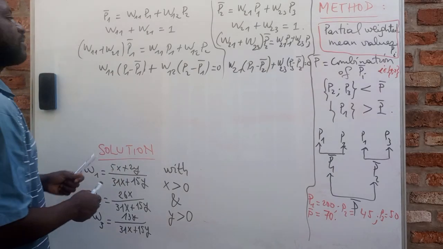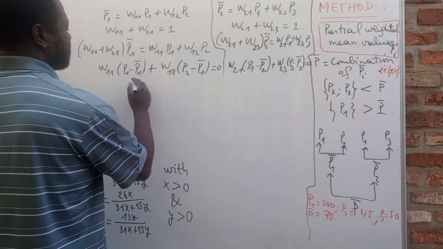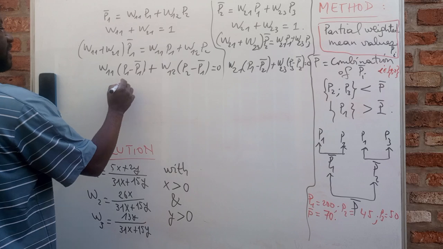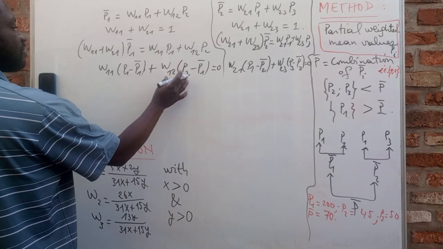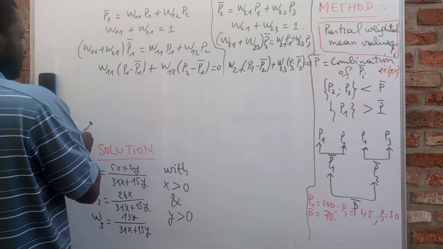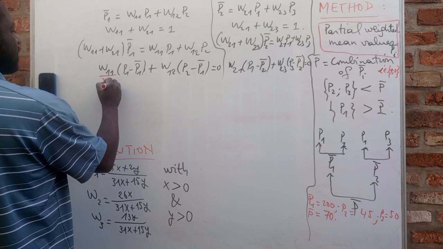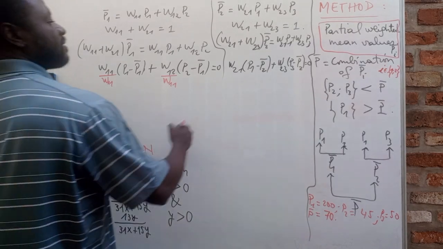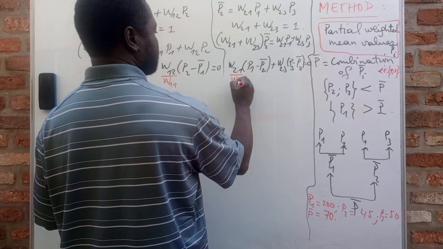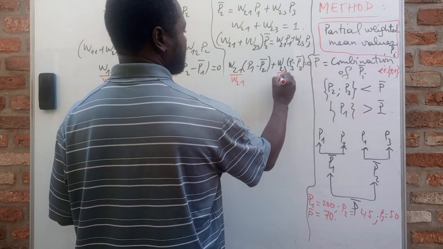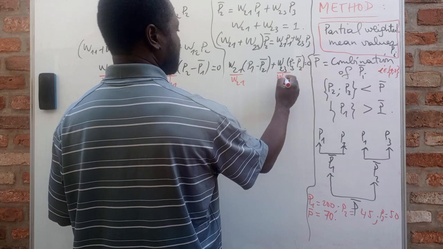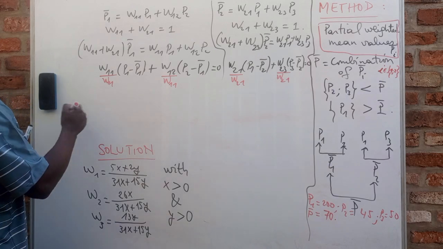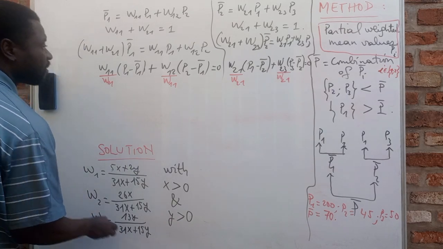Now, in order to eliminate one parameter, we can use ratios. We divide both sides either by the first weight or the second. In doing so, if we divide both sides by omega 1 1, and similarly omega 2 1 here, we can find the value of this ratio.